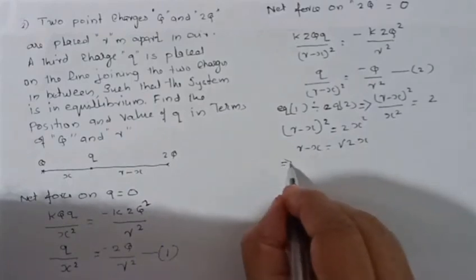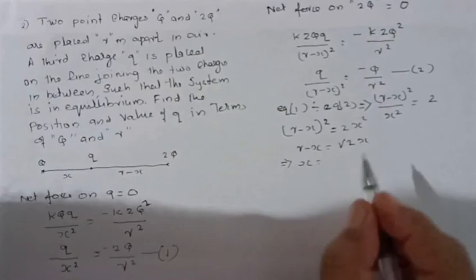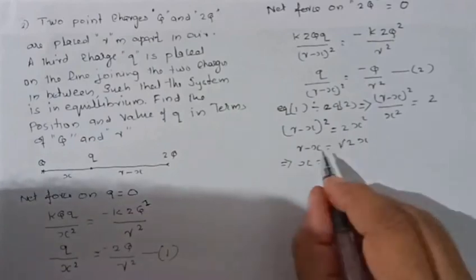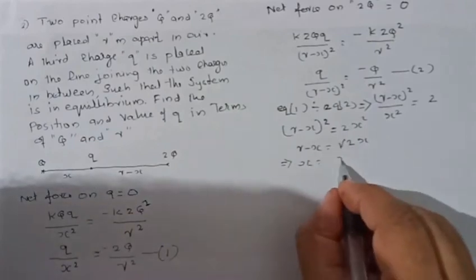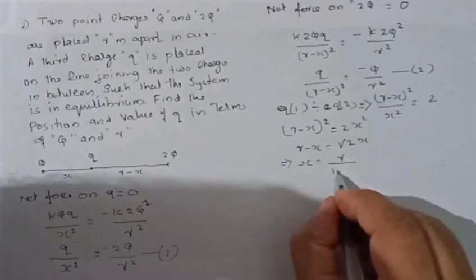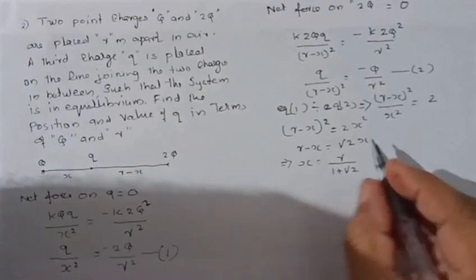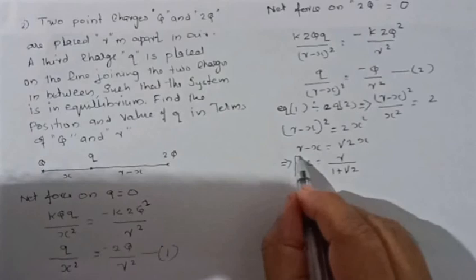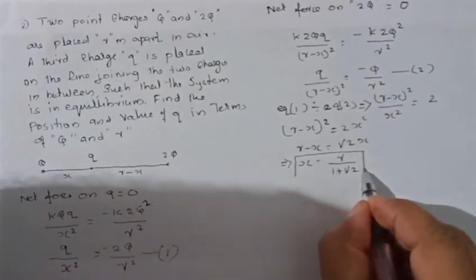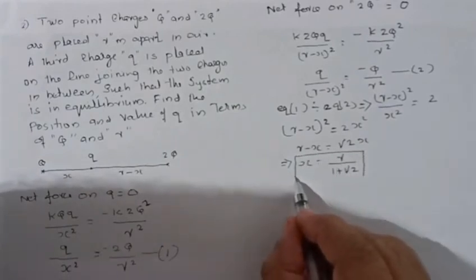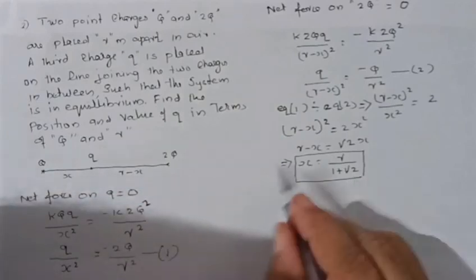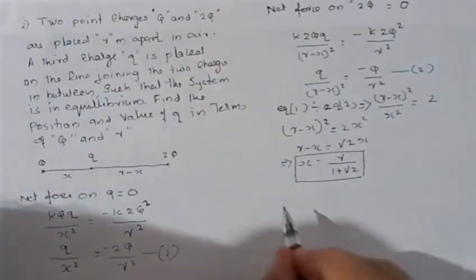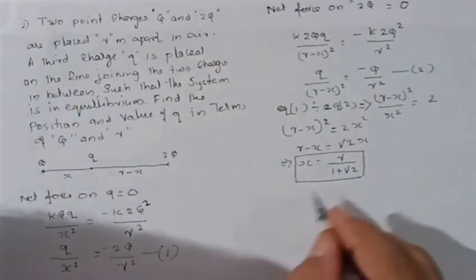So take x to one side and then you simplify. You can get the value of x in terms of r. x is equal to r upon 1 plus root 2. Let's put it as equation number 3.